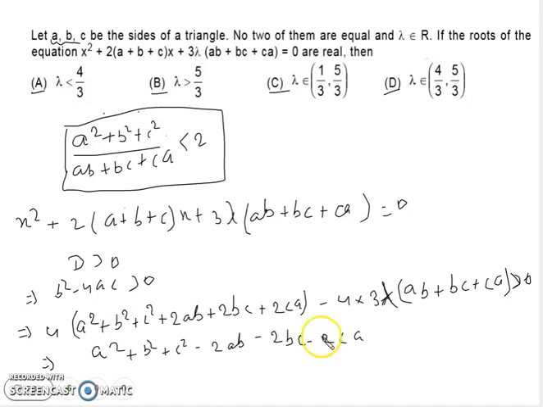And another thing is that you can send all these terms into the opposite side also without solving. Because we have to find out the range of the lambda, guys, we must send the lambda terms into the opposite side.